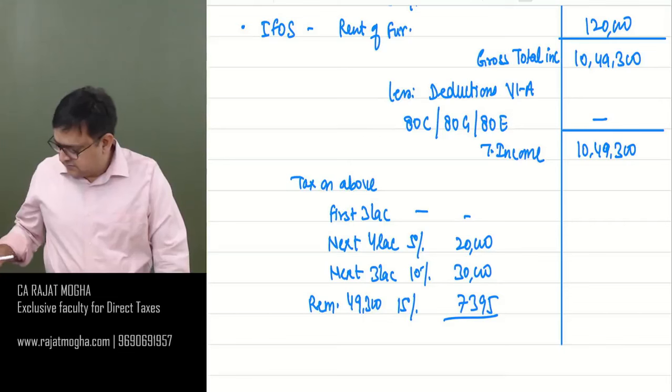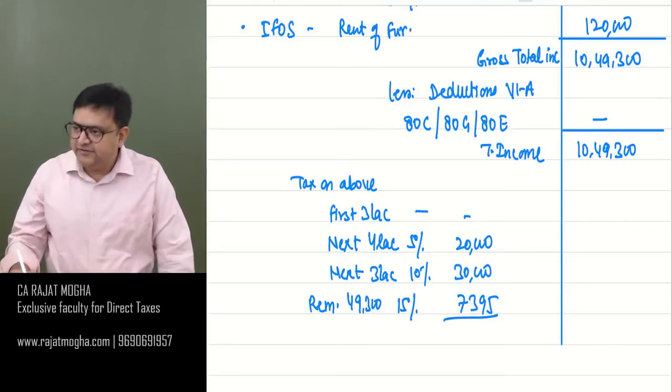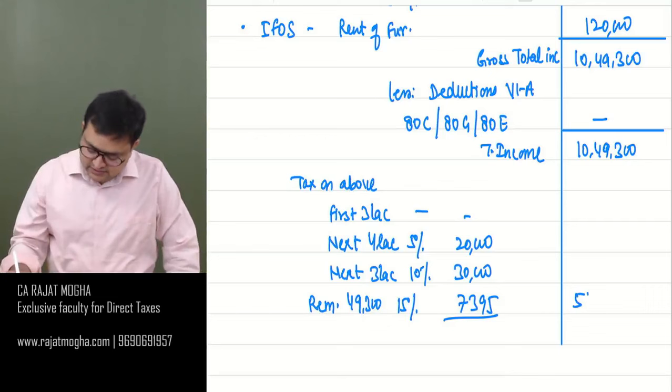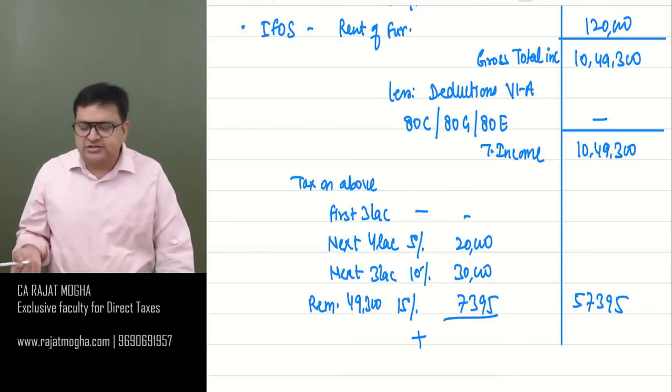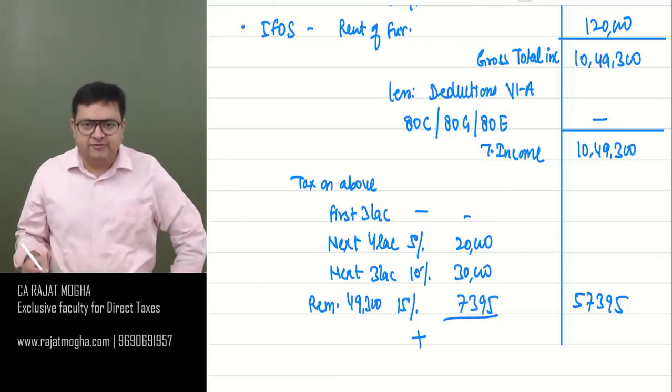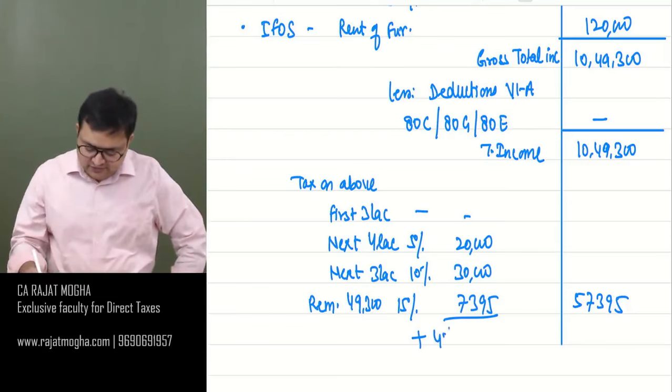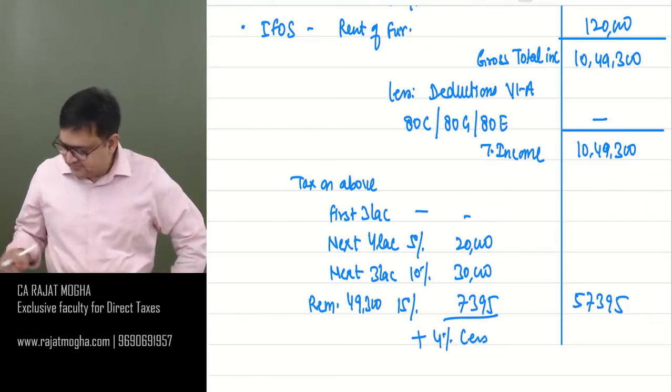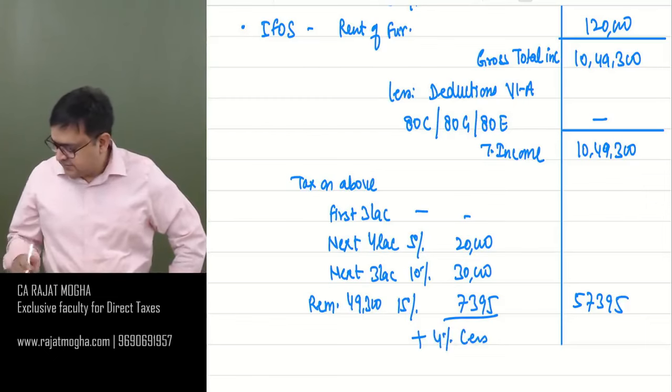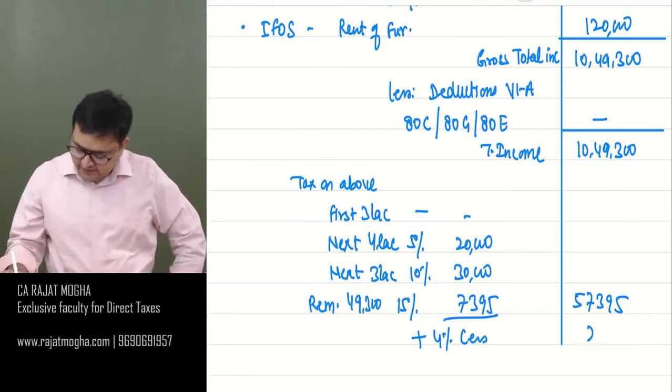Total 57,395. Plus there would be no surcharge because my income is not going above 50 lakh. So it's only 4% health and education cess, 2,295.